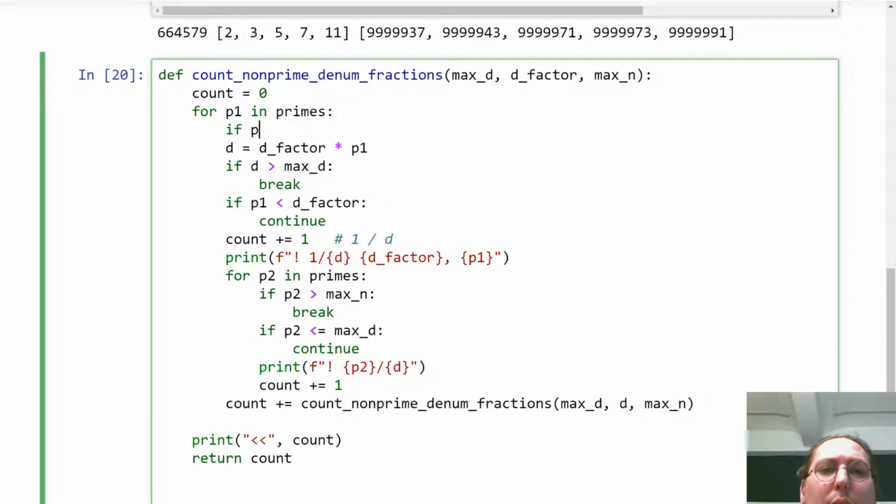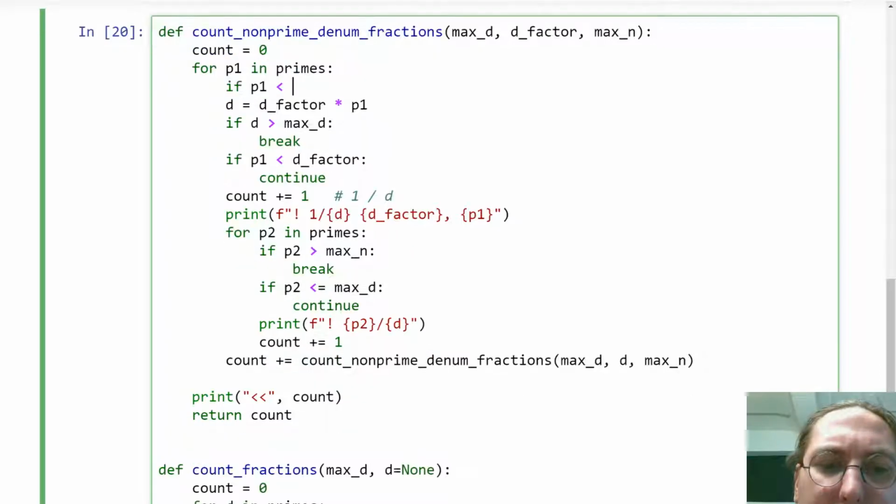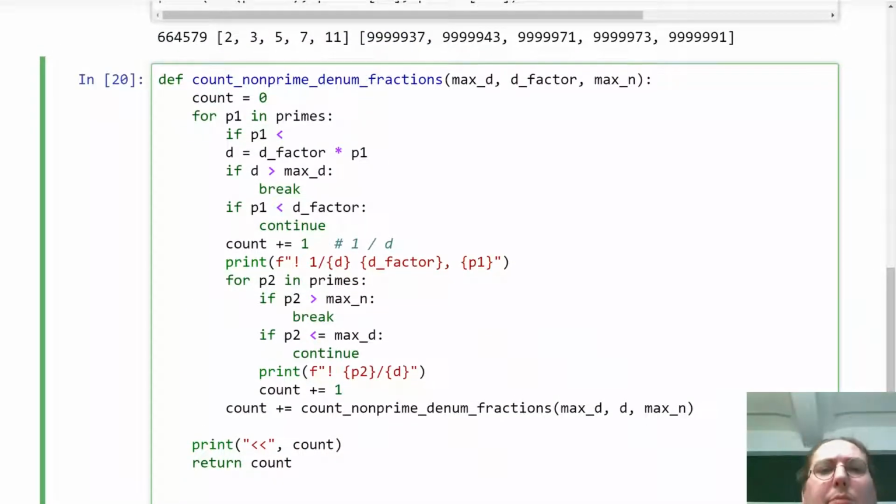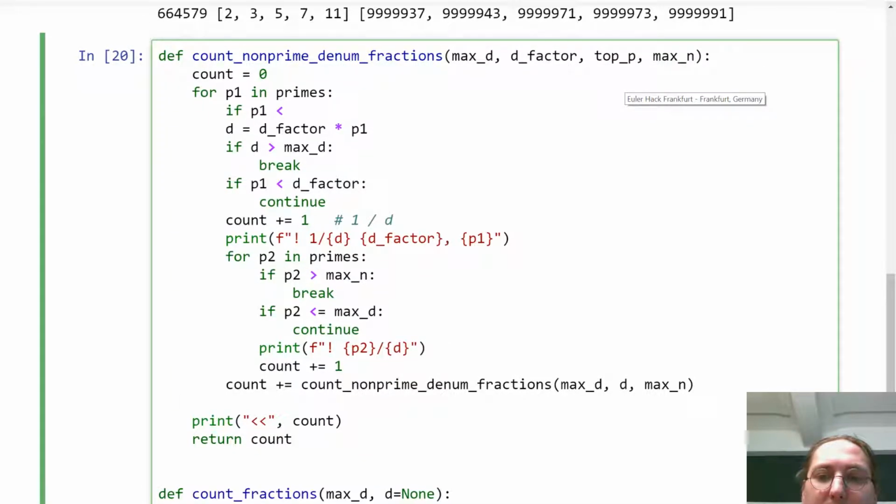If P1 less than, well, I have to do the beginning thing, which is, oh god, I have to do start P, I guess. I mean, it happens to be start initial P or top P. So this is the topmost P at the stack.